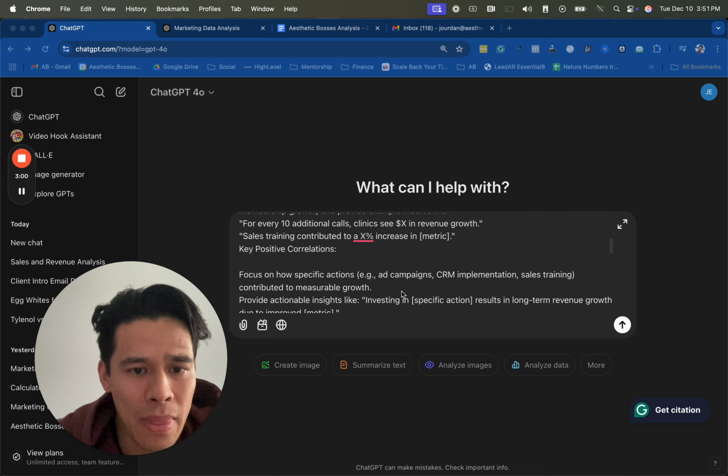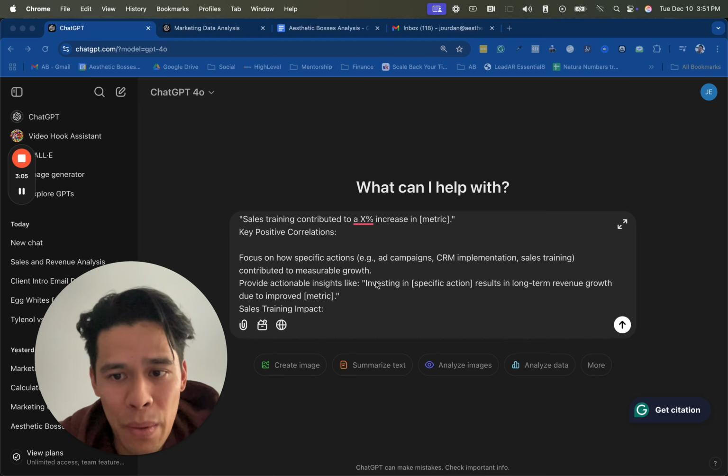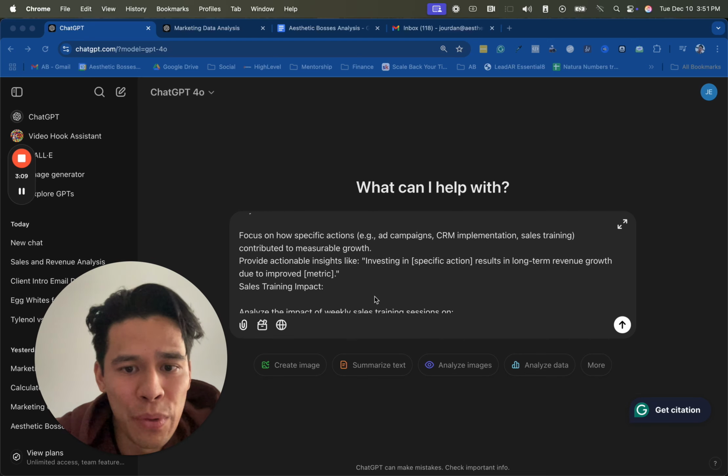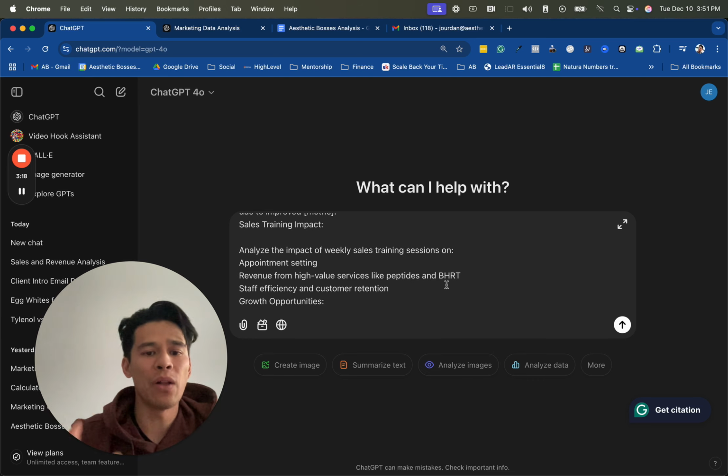Stuff like that. Key positive correlations, focus on specific actions, CRM implementation, sales training, all that stuff, and provide actionable insights to this. Investing in a specific location results in long-term revenue growth, right? So just outline all this stuff.